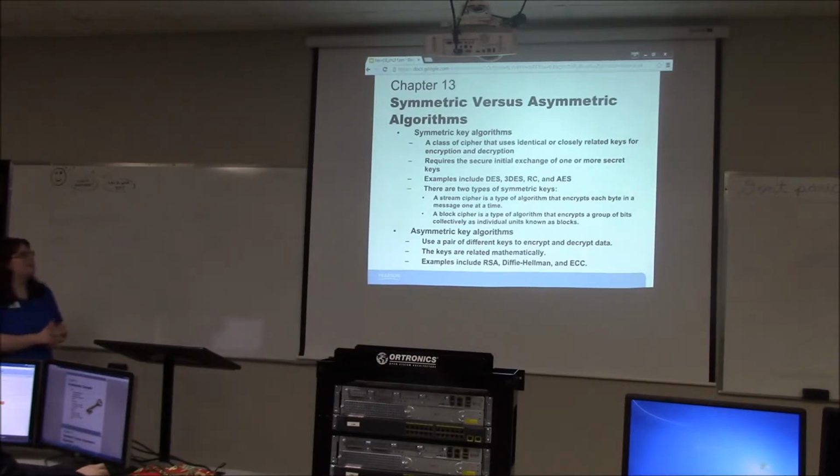We talk about symmetric versus asymmetric algorithms. Symmetric ones have the same key to encrypt and decrypt. Symmetric, same, right? Symmetric keys are private keys. For some reason it always stuck with me to think, keep your symmetry private. And that's how I remember that symmetric algorithms use private keys.